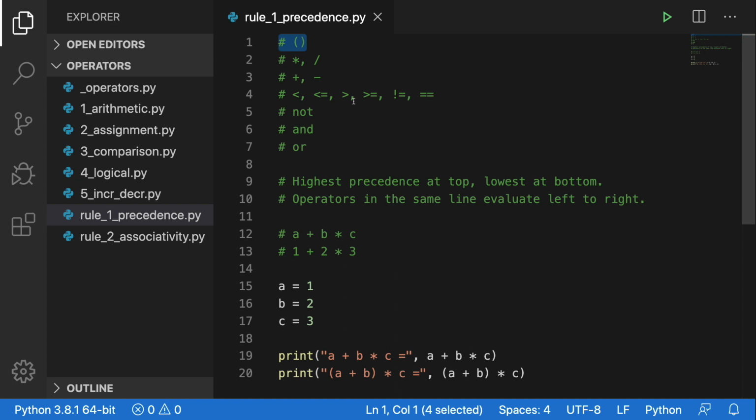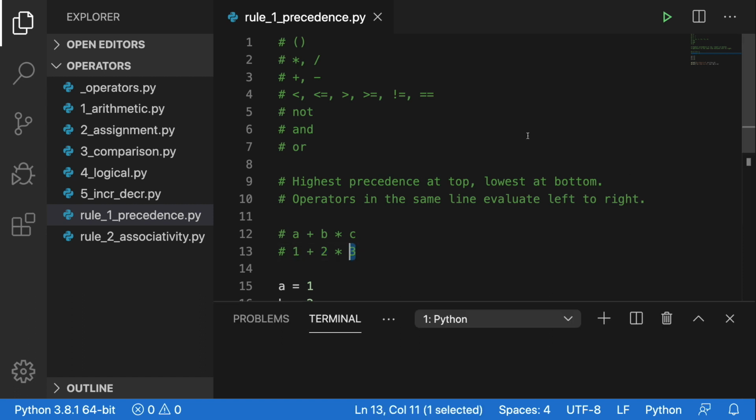So now the first evaluation is A plus B, and then comes the multiplication operator. So this will be 3, multiply with 3 is 9. And that is how precedence rules work.